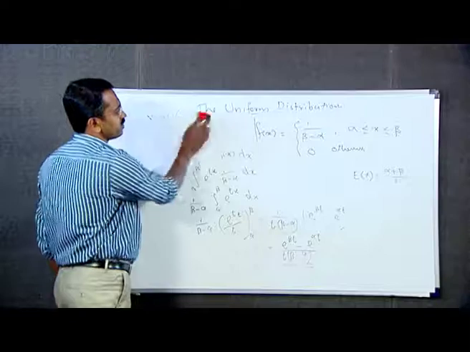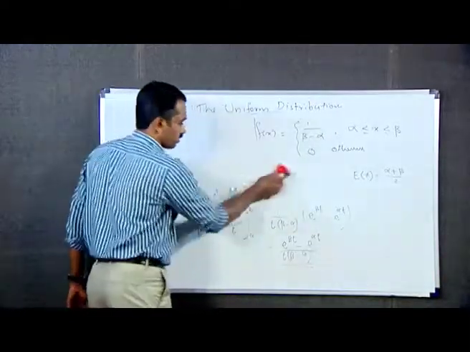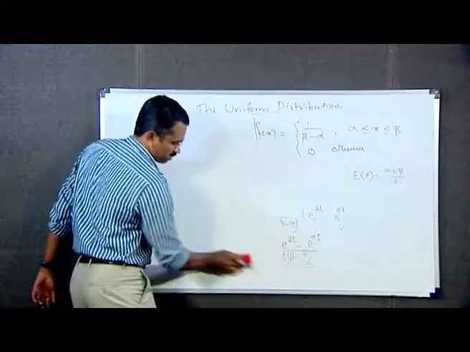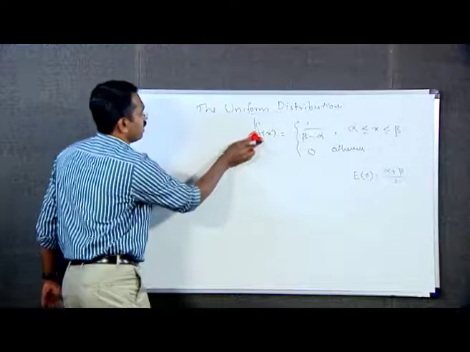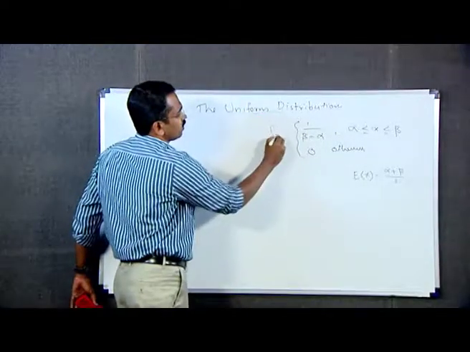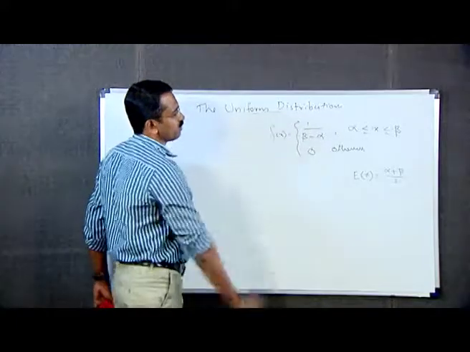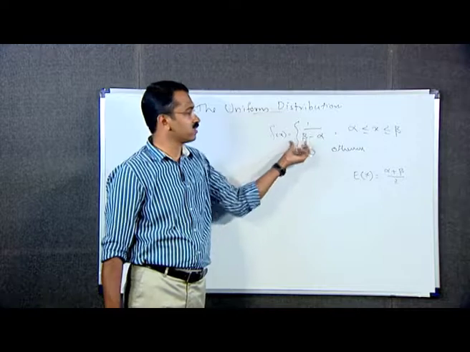Now we have to find the cumulative distribution function of the uniform distribution. Consider a random variable capital X having uniform distribution with parameters alpha and beta. Then the probability density function is this.